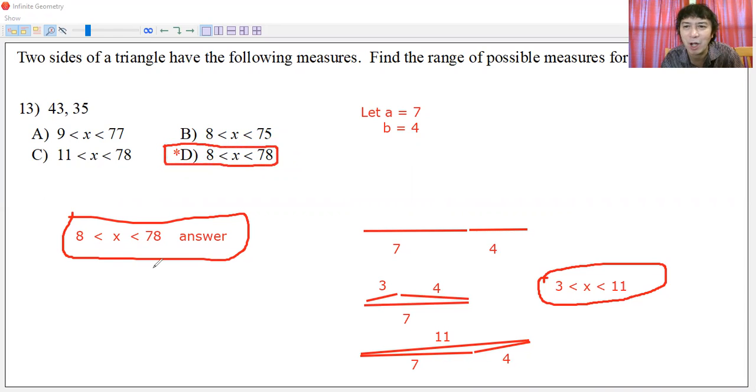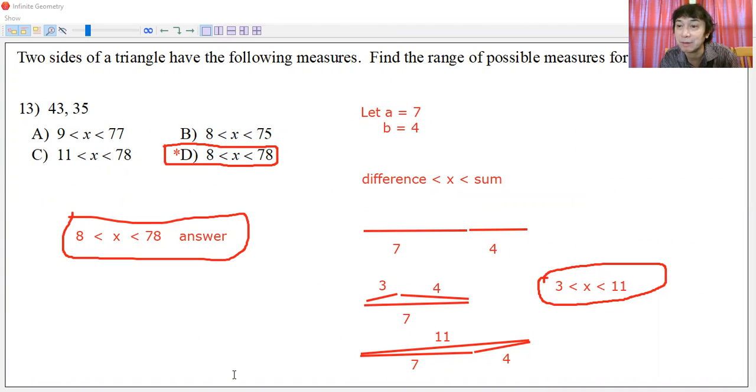How about a formula for this? For any given two sides, what should be the range of the third side of the triangle? The formula goes like this. We have the difference of the two given sides, then your third side variable, say x or c, and then the upper limit must be the sum.